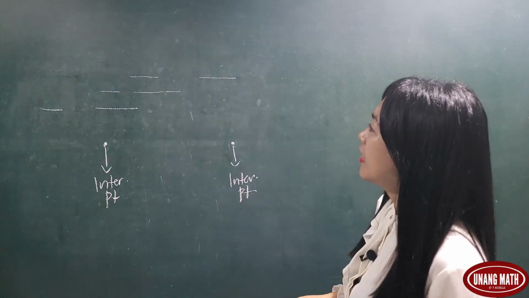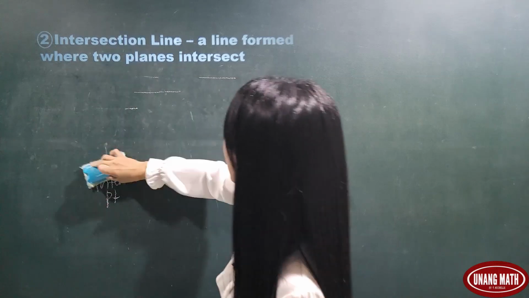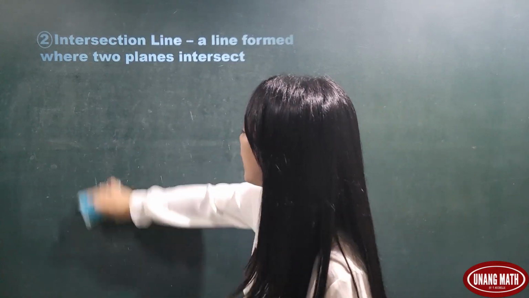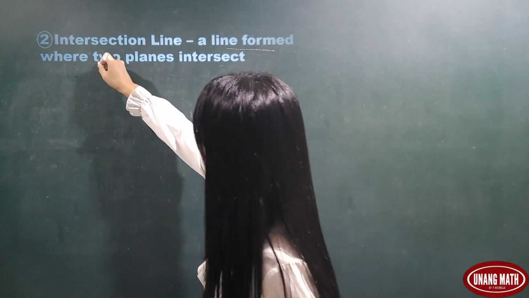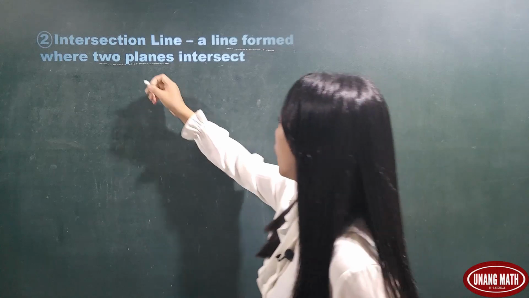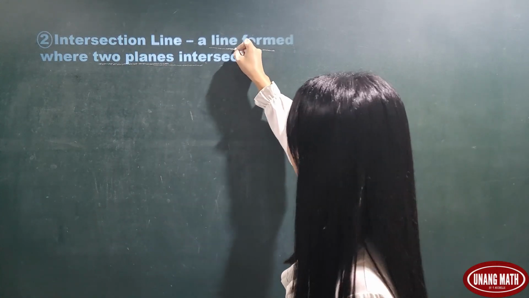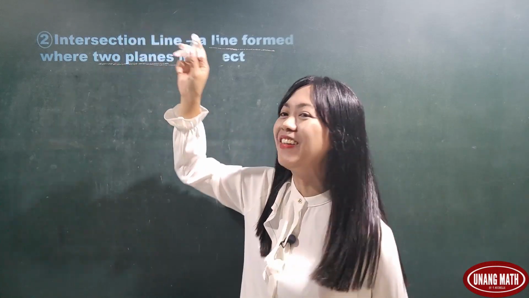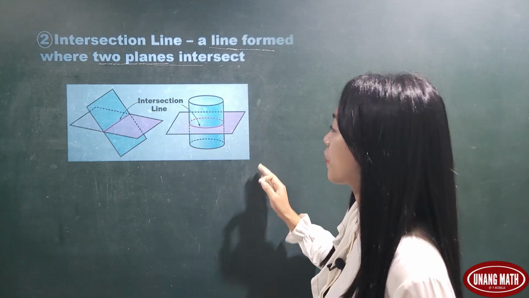Now, let's move on to intersection line. When we say intersection line, this is a line formed where two planes intersect. I'll repeat, when two planes intersect, they form a line. That is what we call the intersection line. Take a look at these figures.